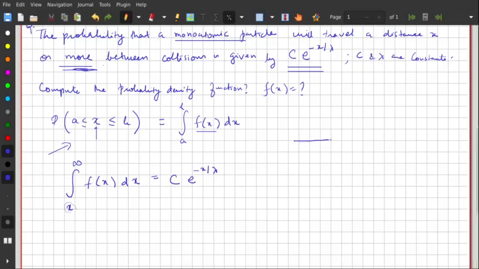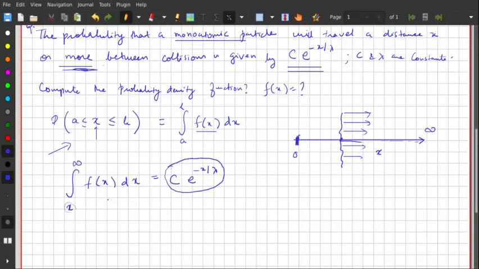If you think about x as a real line, say this is 0 and this is infinity, what we need is that it lies in this range, greater than x and going till infinity. If you integrate that, this is the probability of finding it, and that's given. Given this, we have to find what f of x is. That is the mathematical problem we have.